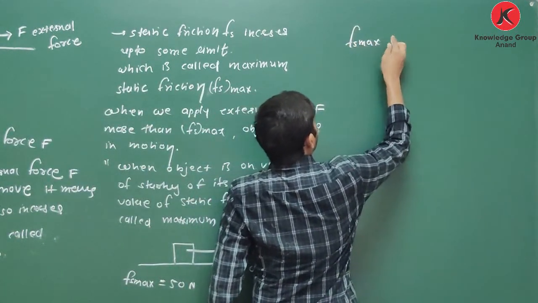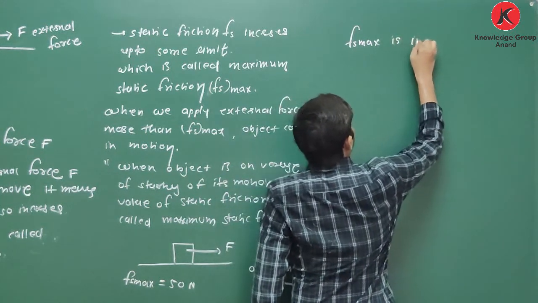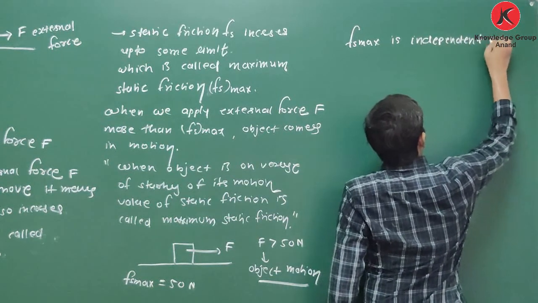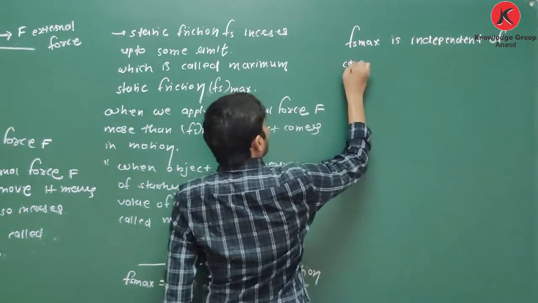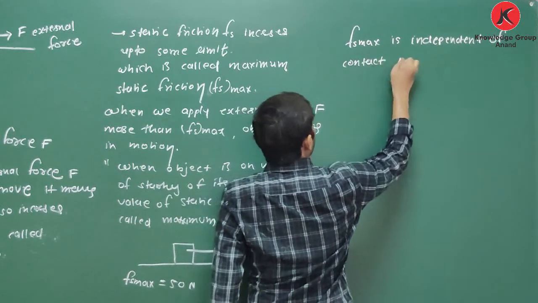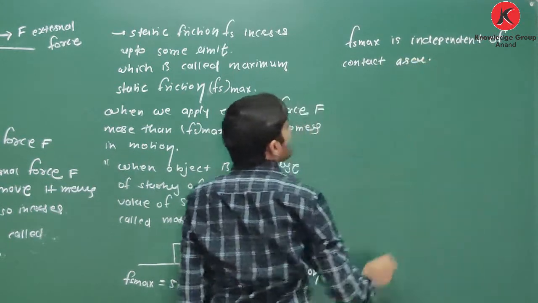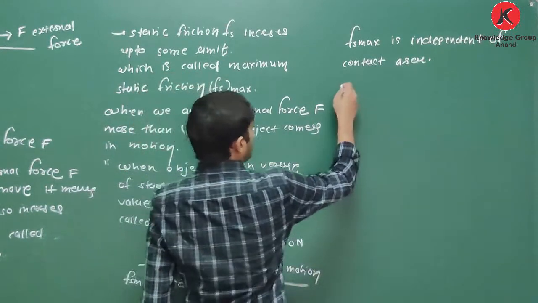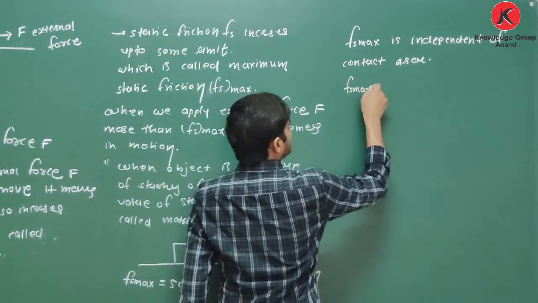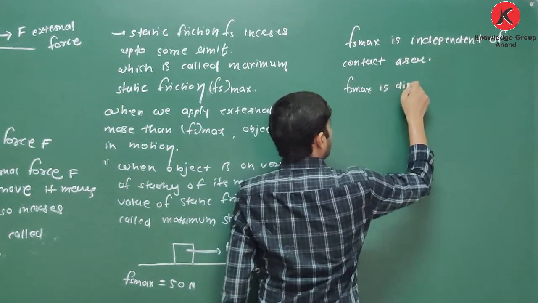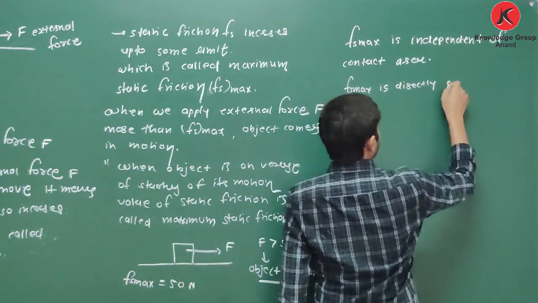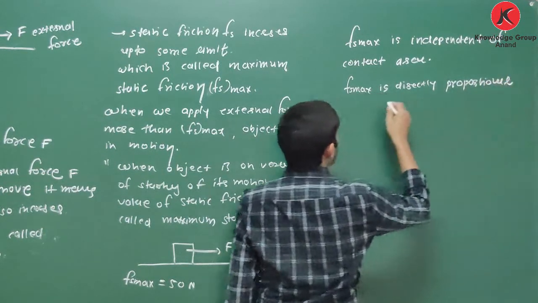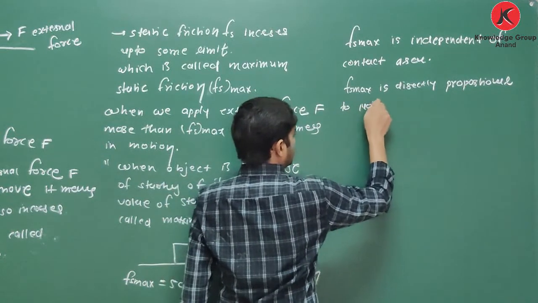Now, this maximum static friction, Fs maximum, is independent of contact area. Fs maximum is directly proportional to normal force.